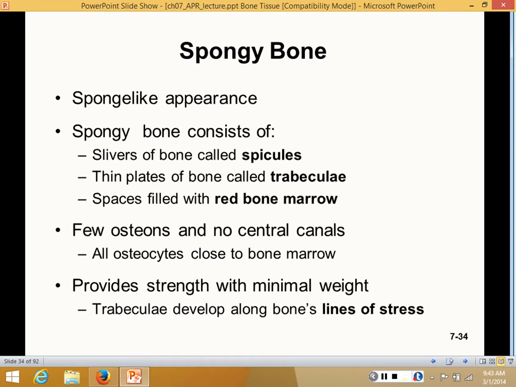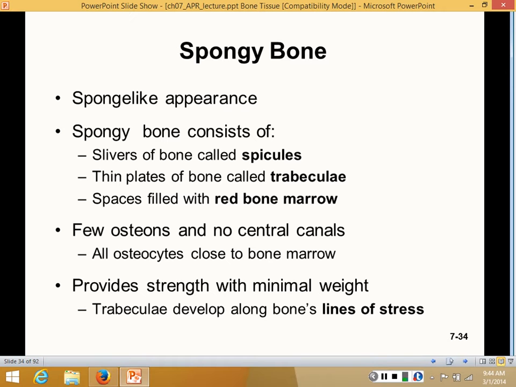The reason you have those little holes, the spicules, the trabeculae, and things of that sort, and you have spongy bone, is because red bone marrow has to occupy that area. Okay? So you have those little holes, and those little holes will be your red bone marrow. Does that make sense? Red bone marrow.